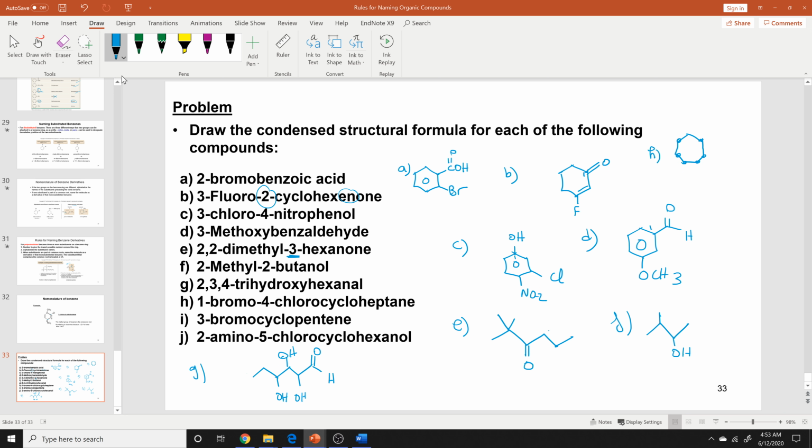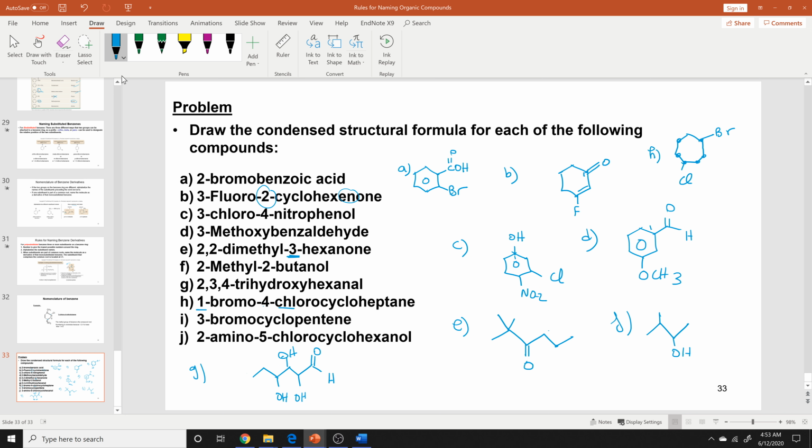So on carbon number 1, I have a bromo. Choose any carbon to be carbon number 1, but once you choose carbon 1, just go ahead and count until you reach 4, and then it's a chloro. Now notice here, they didn't tell me the stereochemistry of these two substituents, whether they are cis or trans. If they told me that they are cis or trans, I have to write them as such.